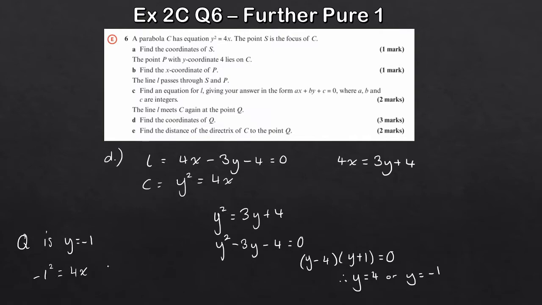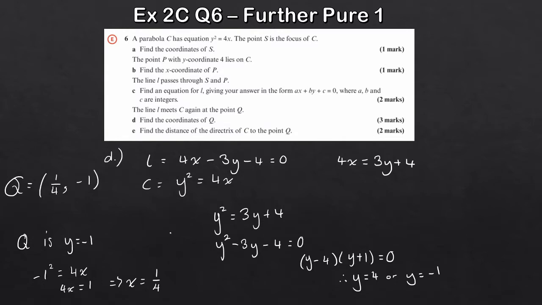Solving this now, I get 4x equal to 1, which means x equals a quarter. Nice and easy. So your coordinates of Q, if we write them down fully, are a quarter, that's your x coordinate, and then minus 1.